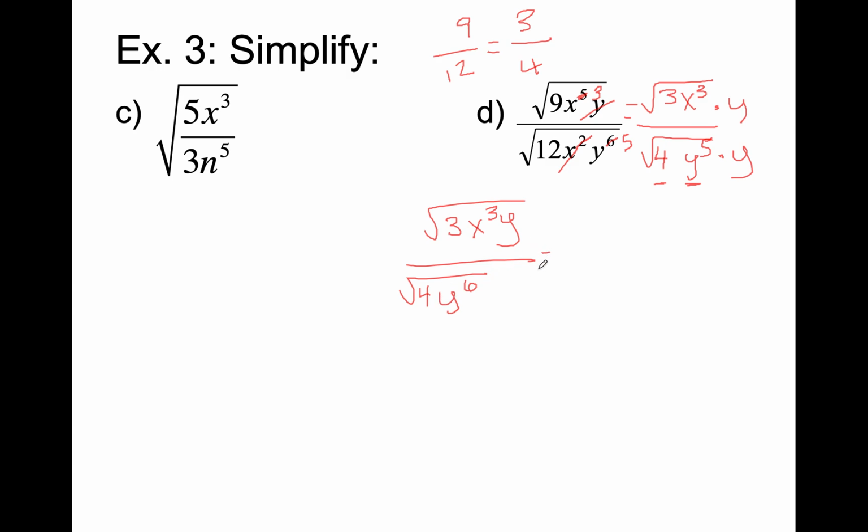I am going to next divide this into radicals. So radical 3 times radical x cubed times radical y all over radical 4 times radical y to the 6th. I'm going to check each of my radicals and see if I can break it into 2 radicals. Well, I can't break 3 into 2 radicals, but I can break x cubed into x squared times x, where x squared is a perfect square.